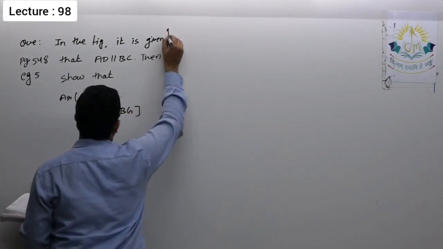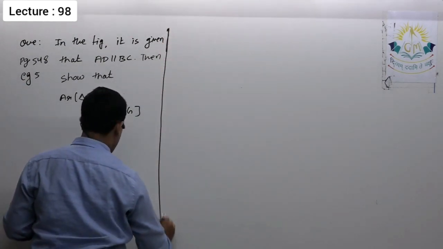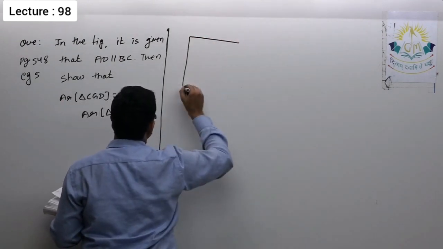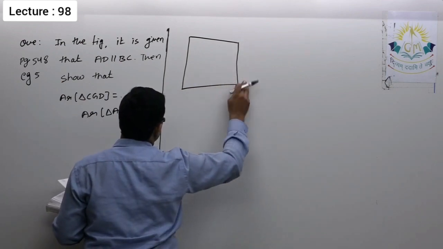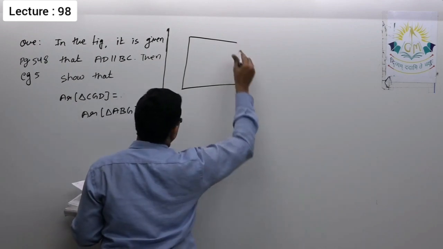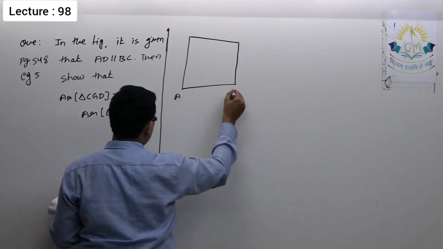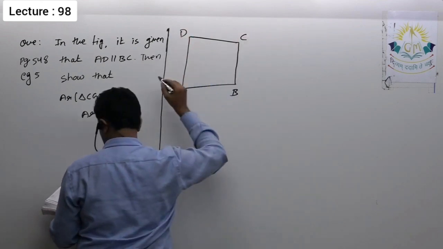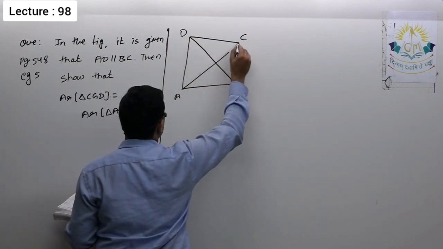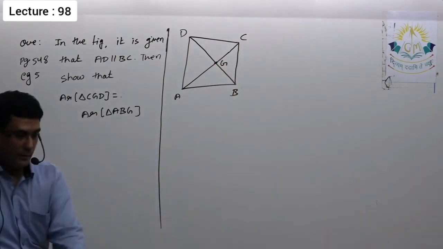Okay, so the diagram is given in the question itself. It is given AD parallel BC. So A, B, C, D, AD parallel BC. And this is the point G. Okay, so let us see how to solve this.